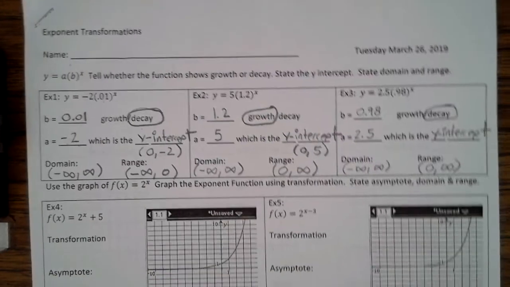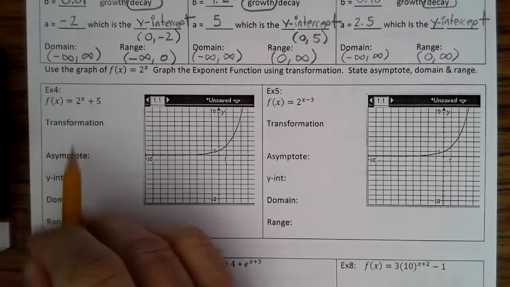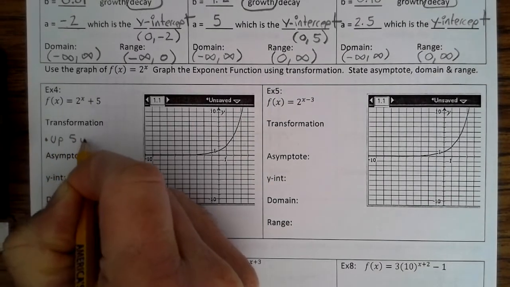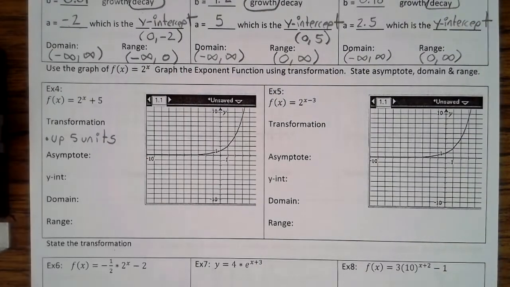All right, let's look at this one. Use the graph of f(x) = 2^x. Graph the exponential function using transformation. State the asymptote, domain, and range. Okay, so here, let's look at the transformation first. It's up 5 units. And actually, let me take a step back.